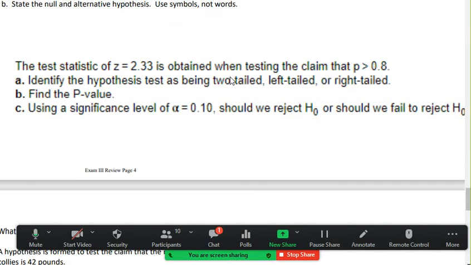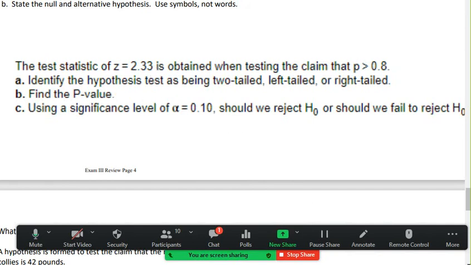So we got a test statistic of z equals 2.33 obtained when testing a claim that p is greater than 0.8. This is actually the one I thought I was doing just a minute ago. I'm sorry. So our claim is that p is greater than 0.8. That's a claim about a hypothesis for a population proportion.